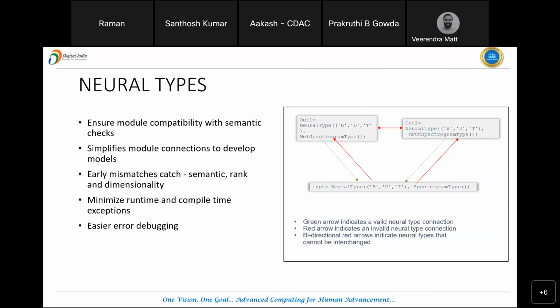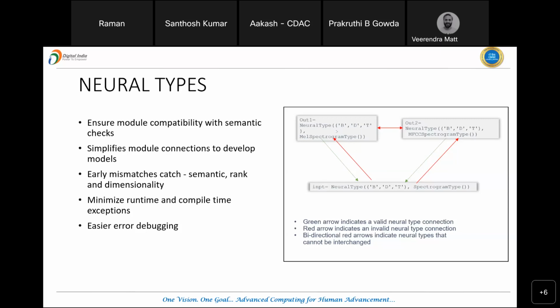So this doesn't just include the shape of the tensor, but also what each and every axis in the tensor means. So in this particular example, let's say we have an output tensor with three particular dimensions: batch, the D dimension, which could be any embedding size, and then we have the time dimension. And secondly, associated with that is the type of the tensor.